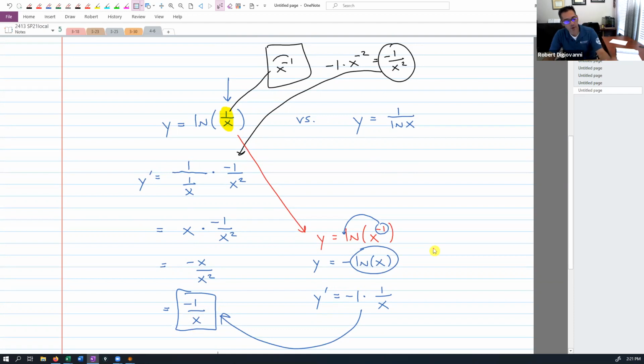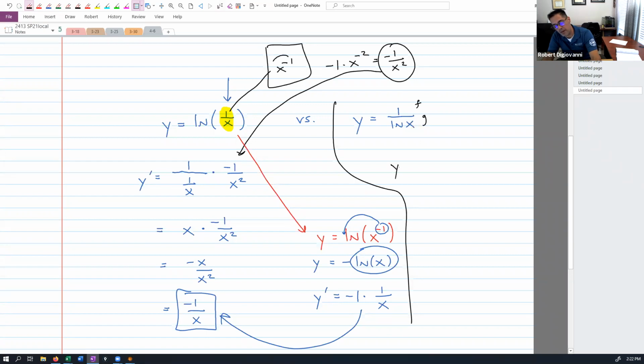Okay, how does that problem compare to this one over here? It's not the same problem, is it? No, right? That's different. This is a quotient rule. The top function f is 1, and the bottom function, natural log of x, is g.